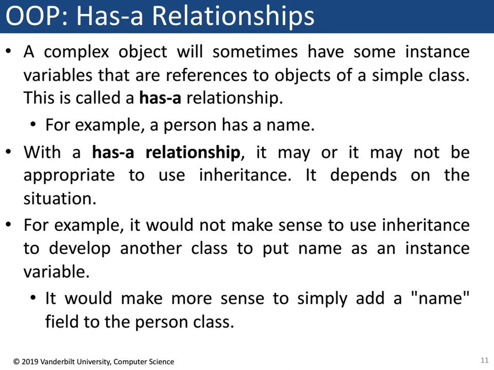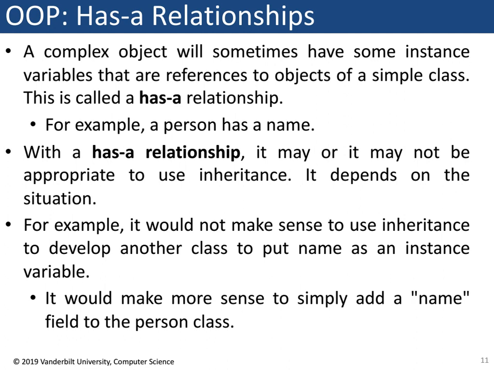So a person is not a name, so it would be incorrect to say person is a name, but person has a name. So when there's a has-a relationship, it may or may not be appropriate to use inheritance. It depends on the situation. Typically, I default to no. If the relationship is has-a, then I don't typically use inheritance, but there are deviations from that rule.